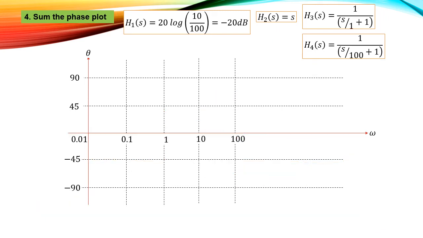Okay, now let's sketch the summation of the phase plot. So again, you need to sketch individual phase plots on the same diagram. So first one, you have the constant, so it is 0 degree. This is H1s, and then H2s is 0 at origin, so it's 90 degree constant. And then you have poles at 1, so at 1 it must be 45 degree.